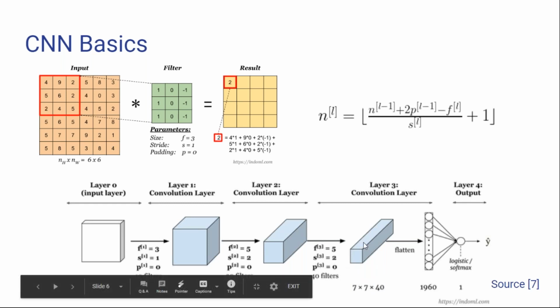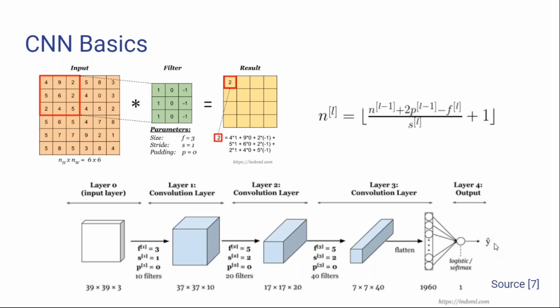And this feature map is then flattened into one single dimensional vector. So 7 into 7 into 40 results in 2960 features. And then you do a softmax operation on this, and whichever class has the highest probability is your predicted class.